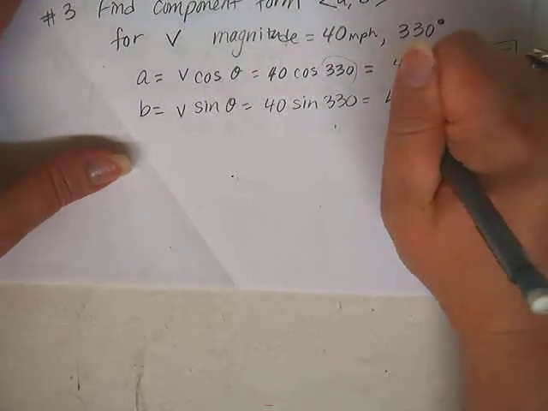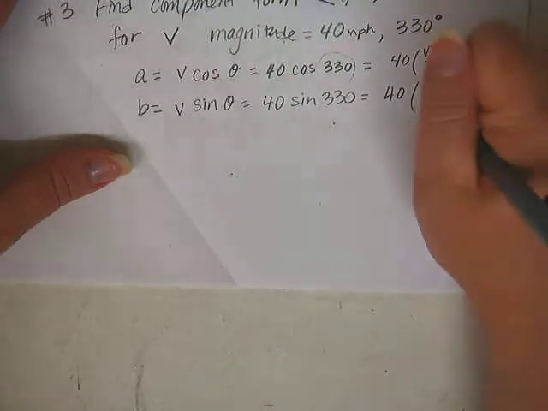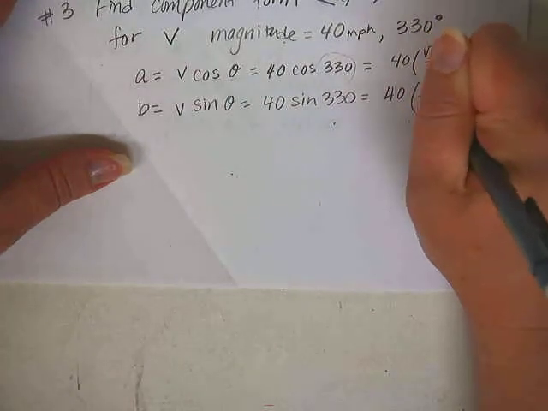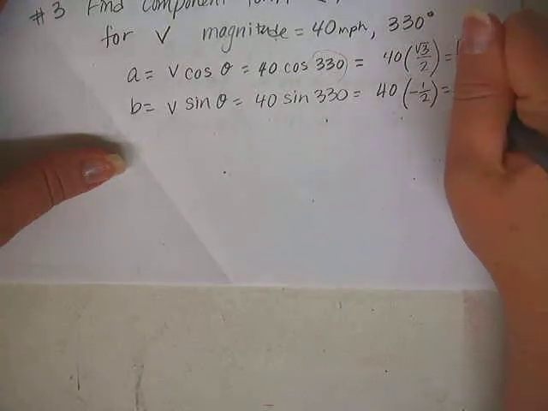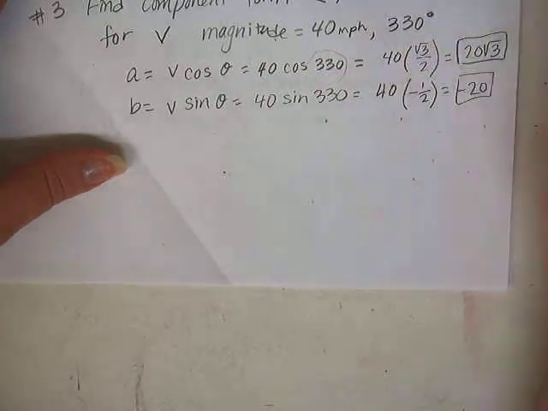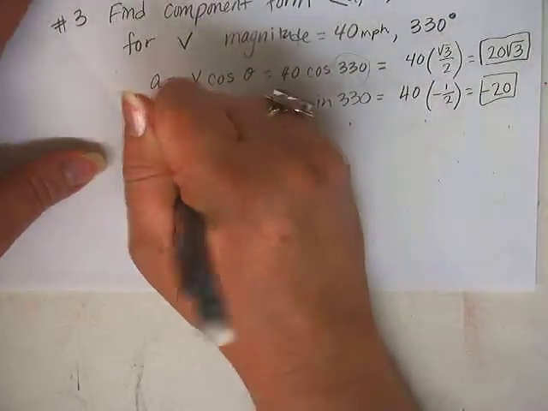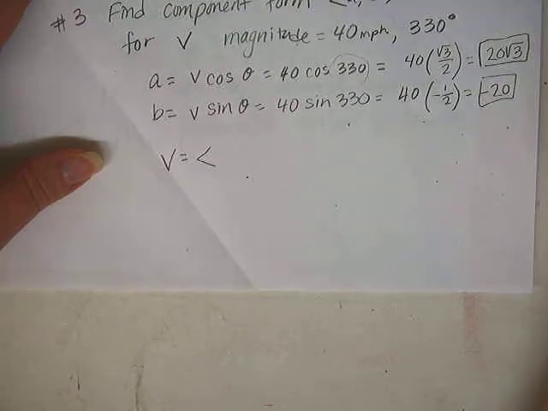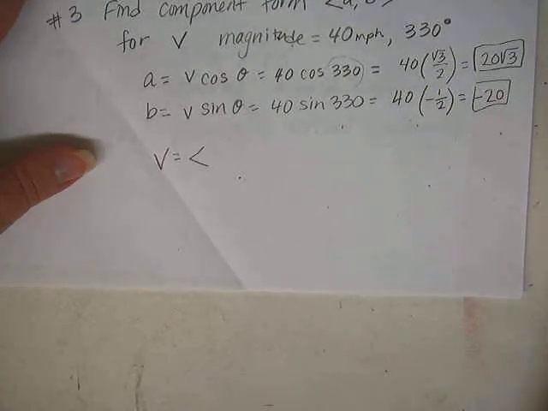So the B value component will be V sine theta. So 40 times the sine of 330. Bryce has it. So the sine of 30 degrees is 1/2, but the sine of 330 in the fourth quadrant would be negative 1/2. So negative 1/2 times 40 is negative 20.